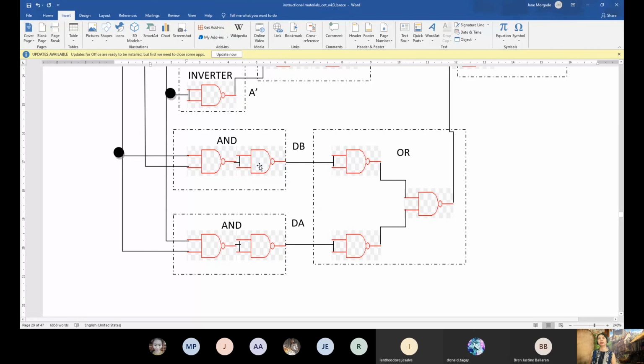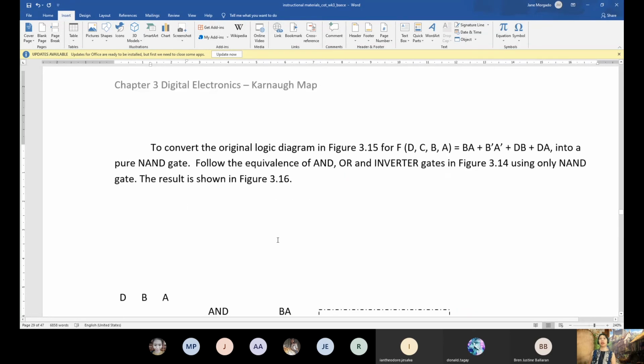So we convert the AND gate with its equivalent in NOR. DB and DA.